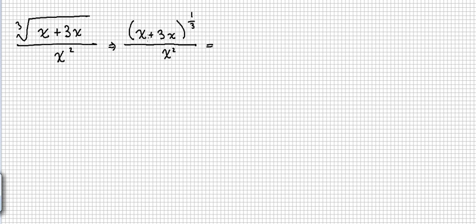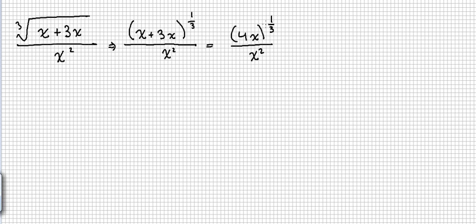Now, remember there is addition between them, and multiplication is like addition. So this x is being added 4 times, so this will be 4 times x raised to the 1/3 power over x squared.